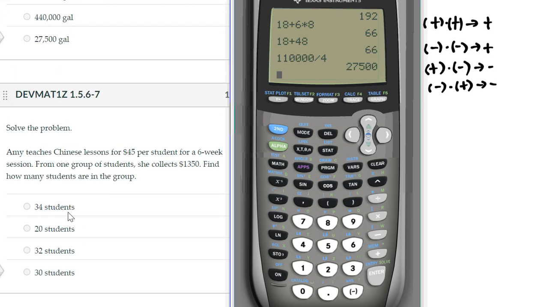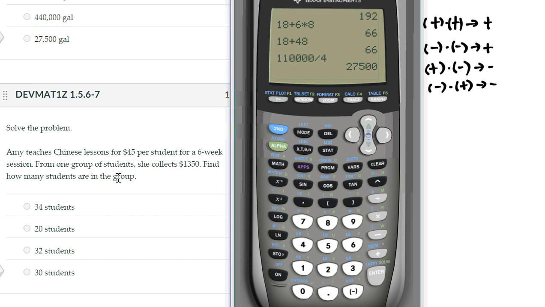All right, last one. Amy teaches Chinese lessons for $45 per student for a 6-week session. From one group of students, she collects this much, 1,350. So we want to find how many students are in the group.